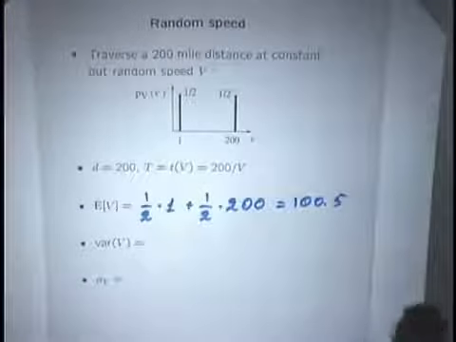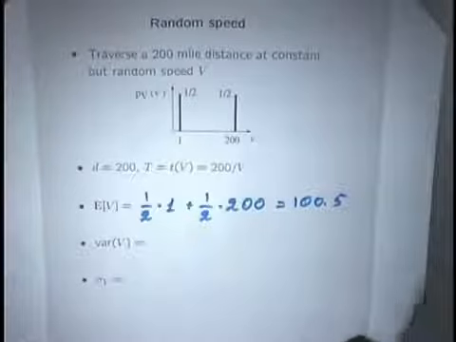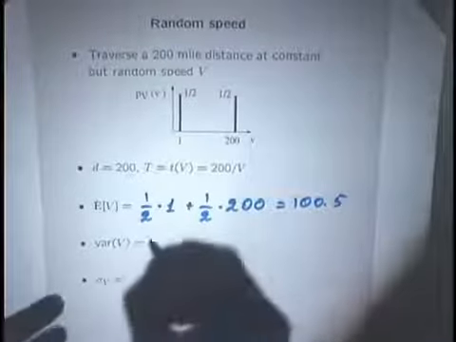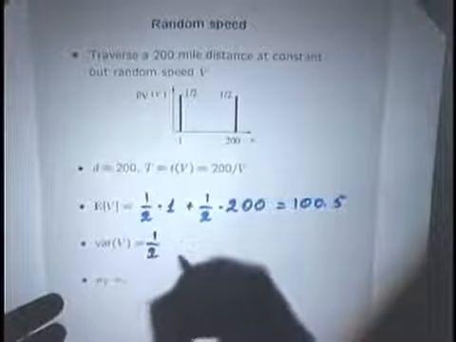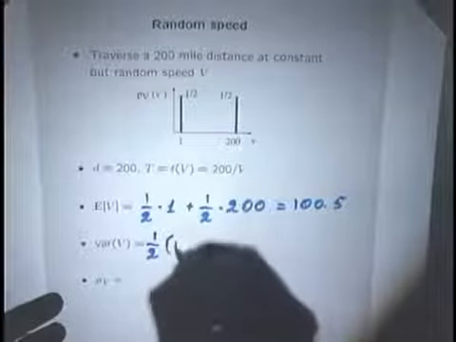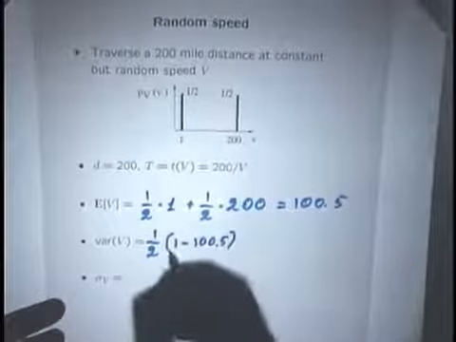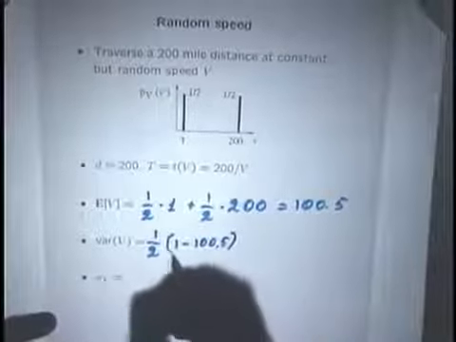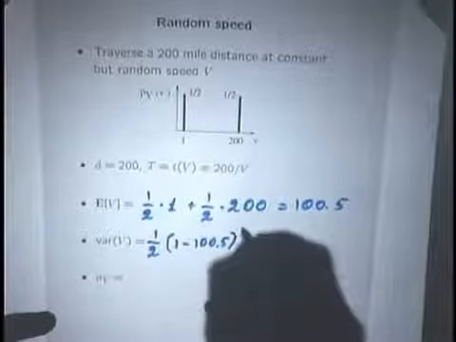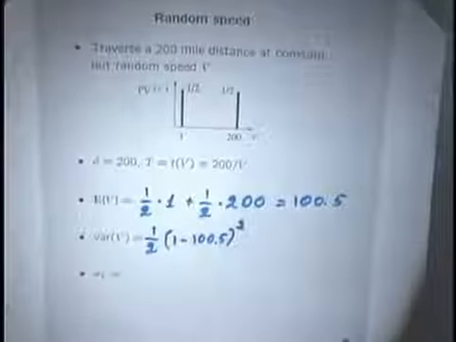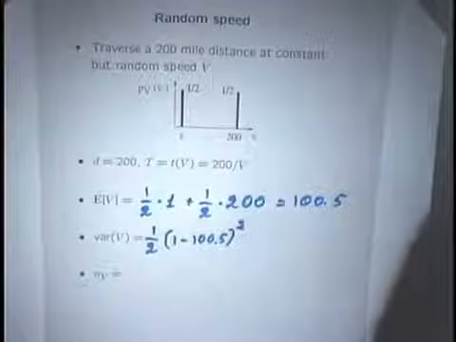If you wish to calculate the variance of v, then you argue as follows. With probability 1/2, I'm going to travel at a speed of 1, whereas the mean is 100.5. So this is the distance from the mean if I decide to travel at a speed of 1. We take that distance from the mean squared. That's one contribution to the variance.